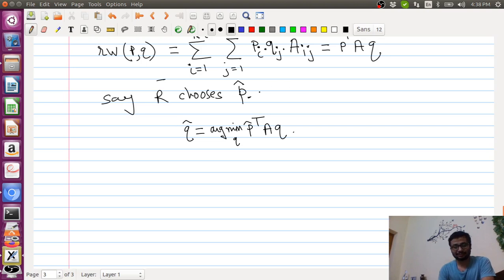R will choose that P which will maximize this quantity.